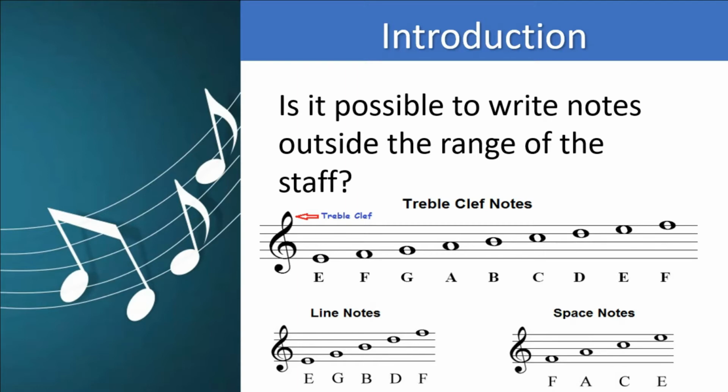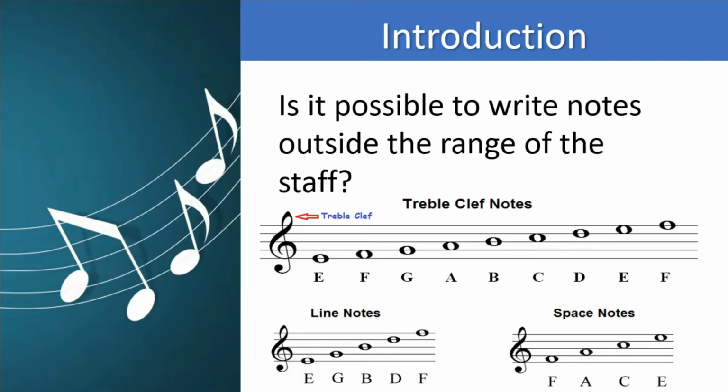Of course, the answer is yes. We can write notes outside the range of the staff. When we say the range of the staff, we are referring to the 5 lines and 4 spaces.